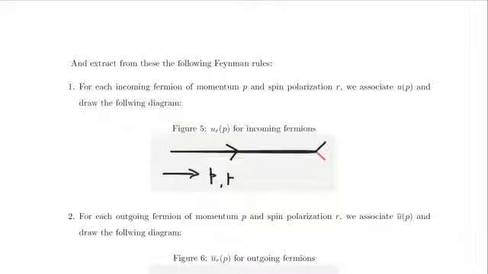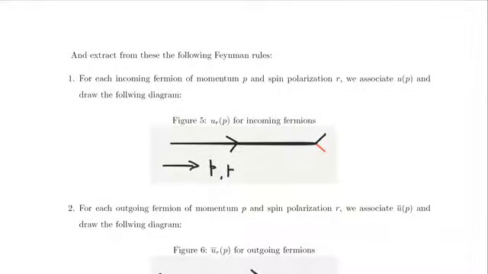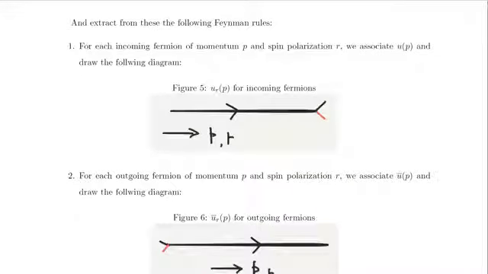The rule is that for each incoming fermion of momentum P and spin polarization R, we associate a u(p,r), and draw the following diagram.